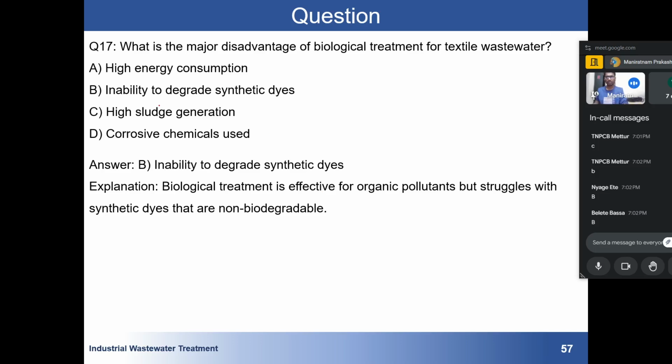Yes, then the correct answer is inability, because these synthetic dyes do not contain any organic matter, and that's why generally for the textile industry this biological treatment is not so effective. If you have gone through it, there was very little discussion about biological treatment.